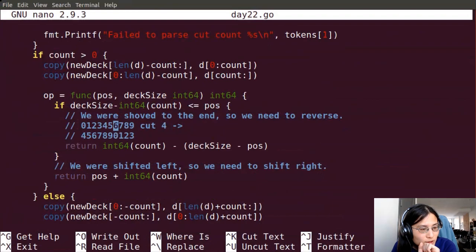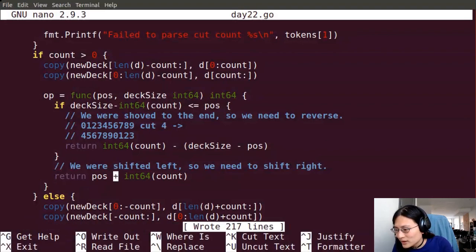In order to change index 6 to 0, let's see. I'm forgetting how this works.